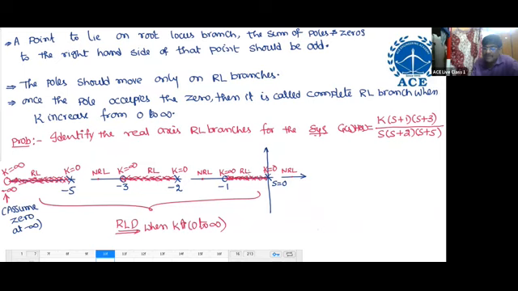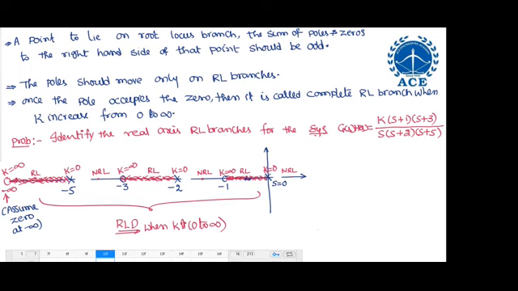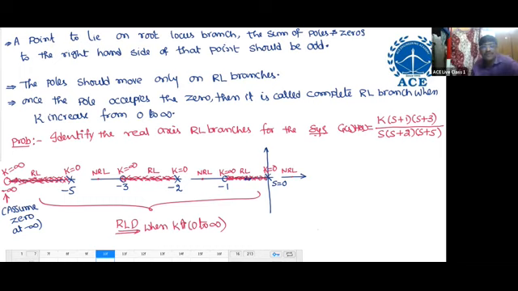Take a point, count right, na. If you take a point here and count right, how much is P plus Z? One pole, na. Yes, sir. That means P plus Z equals 1. 1 means odd. Odd means root locus.